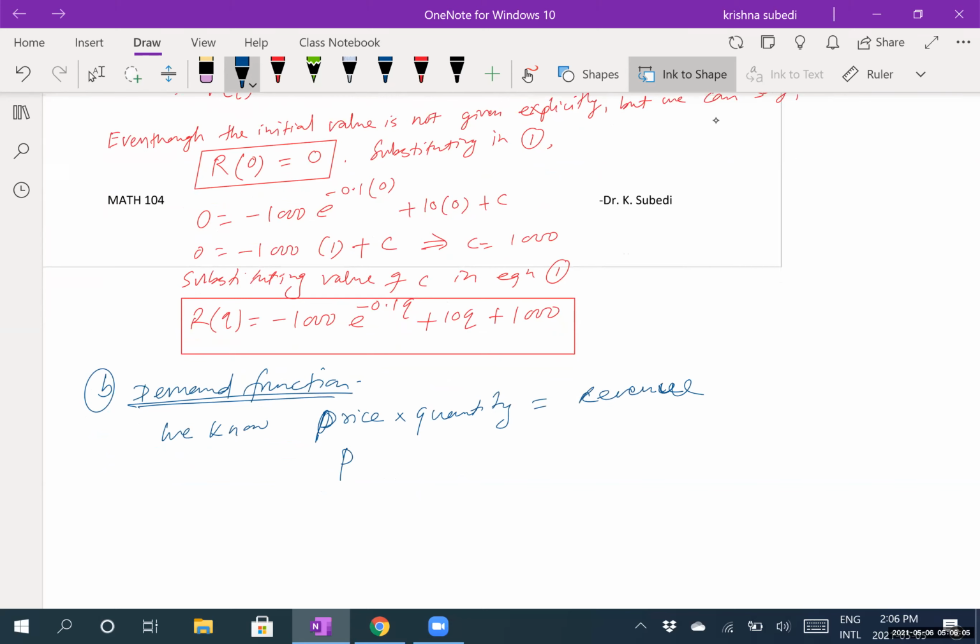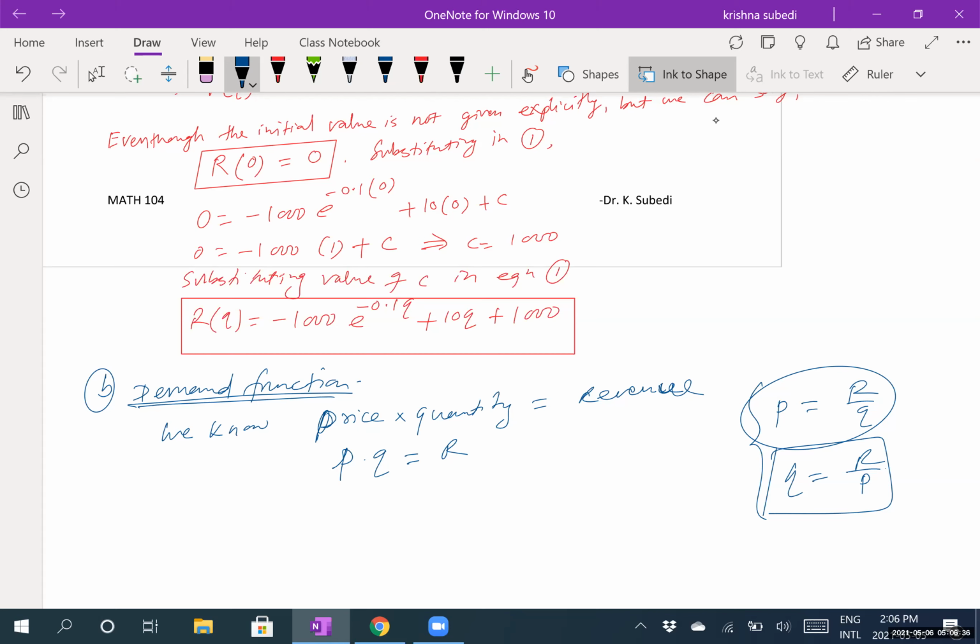So P times Q equals R, revenue. So that means, remember, demand function is either you can write price equals R over Q is a demand function, or you can write Q equals R over P is also a demand function, okay? So you can choose whichever functions you want to consider for demand function. Both represent the demand function. Price and quantity represent the demand function.